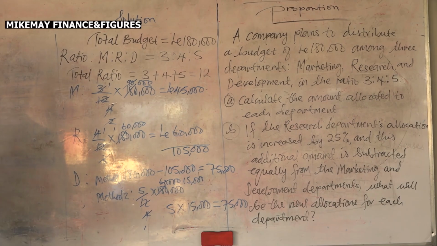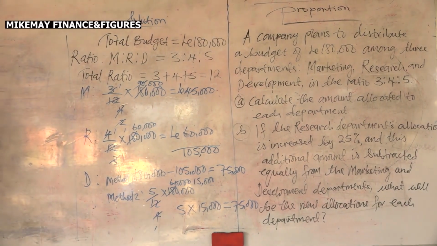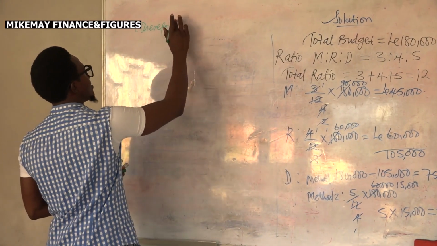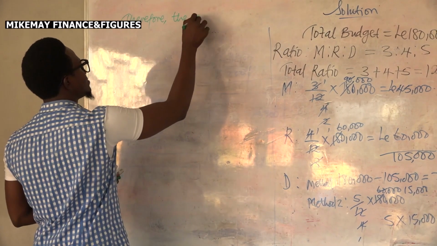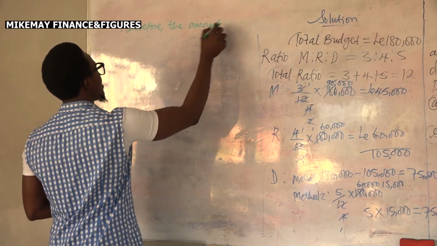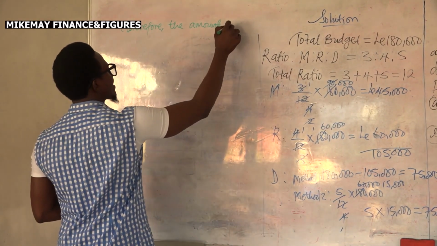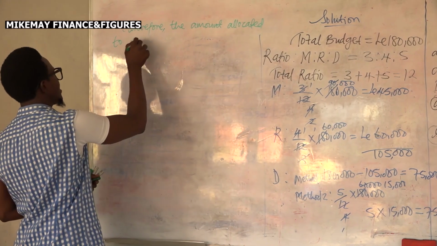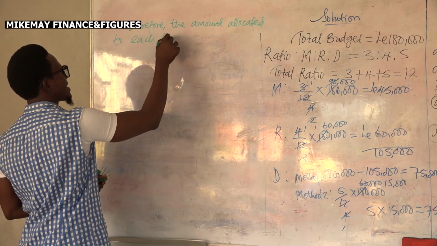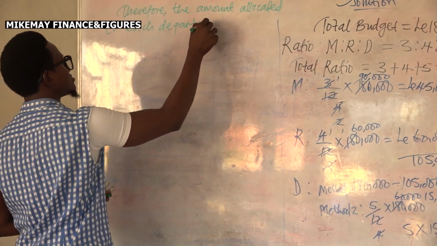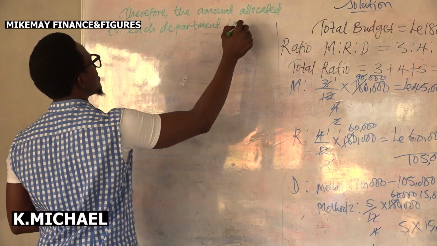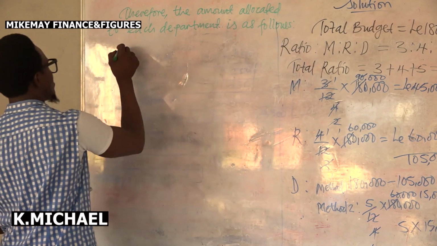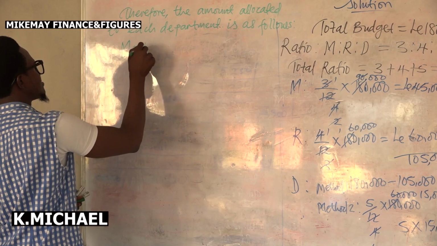Therefore, the amounts that are allocated to each department are as follows.